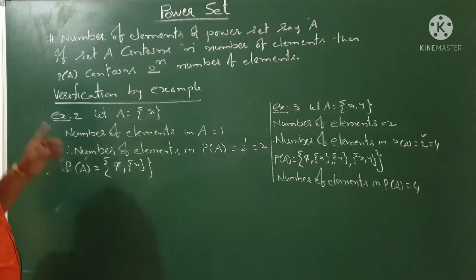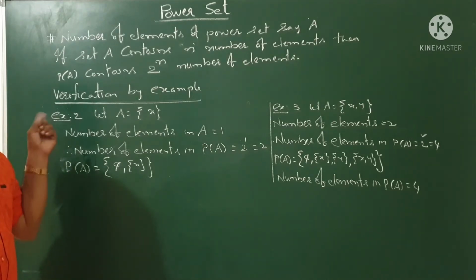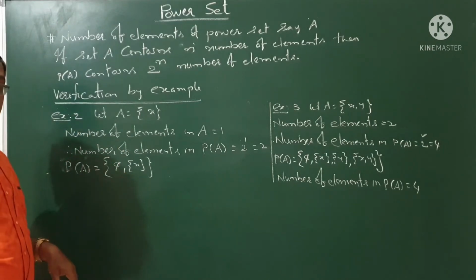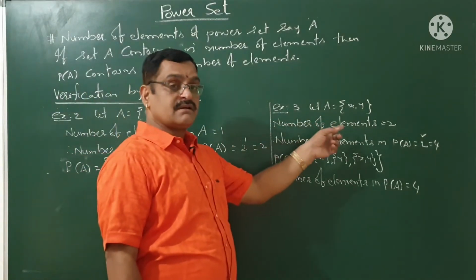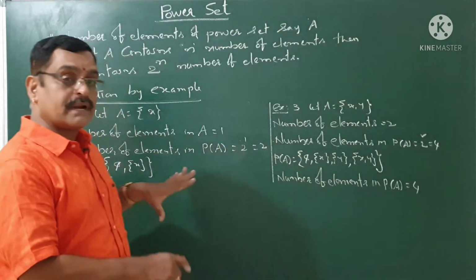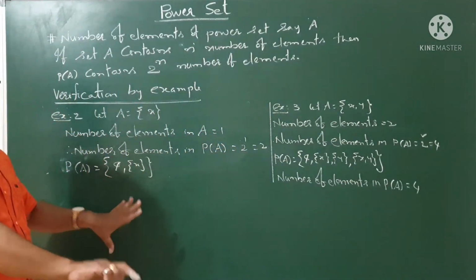If a set contains 0 elements, the power set has 2 power 0, 1 element. If a set contains only 1 element, the power set contains 2 power 1, 2 elements. If a set contains 2 elements, its power set must contain 2 square, 4 elements. So practically it is proved.